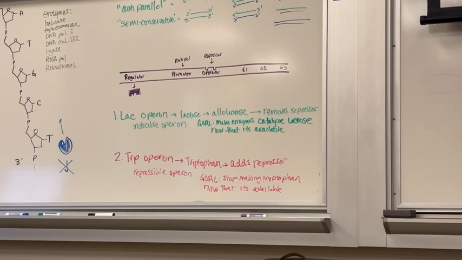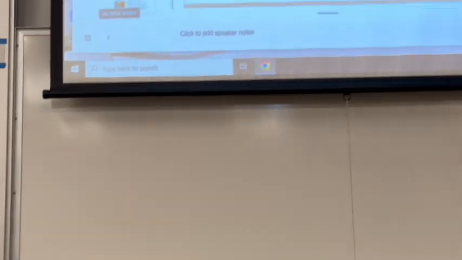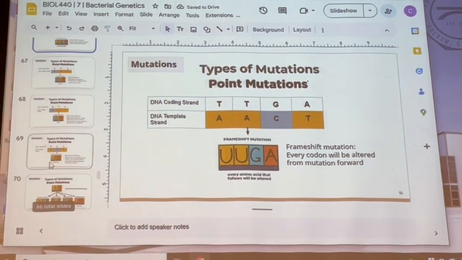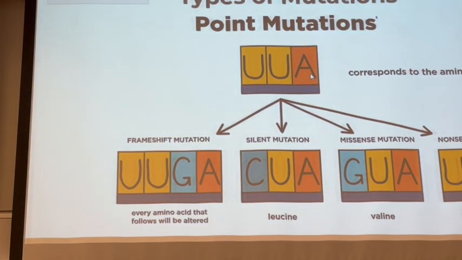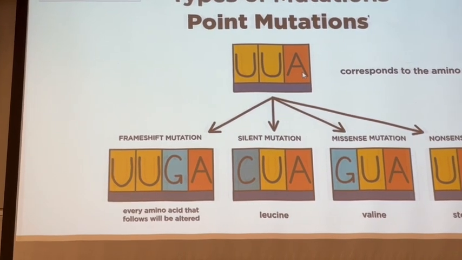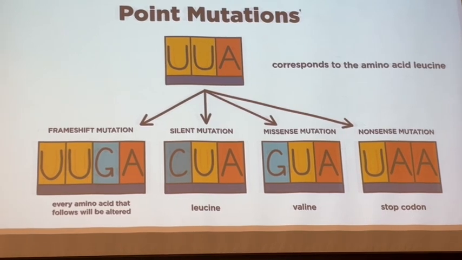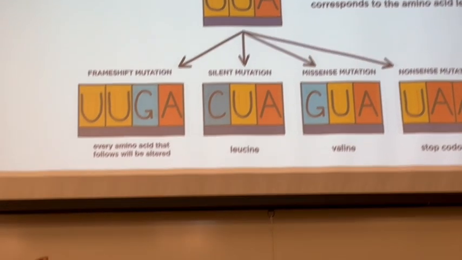So let's talk about the names of our point mutations. Let's put them all together: frame shift, silent, missense, nonsense. So if you had a frame shift mutation, let's say we have ATCCCA.